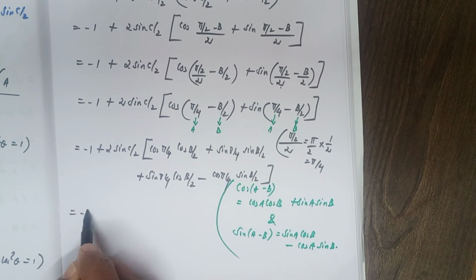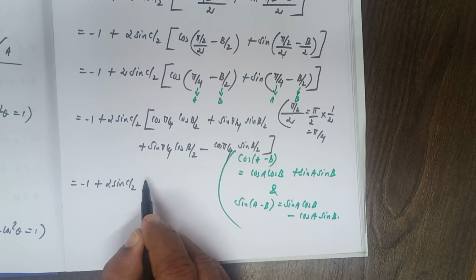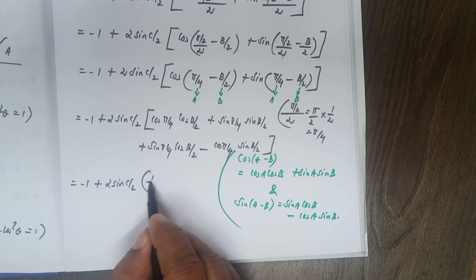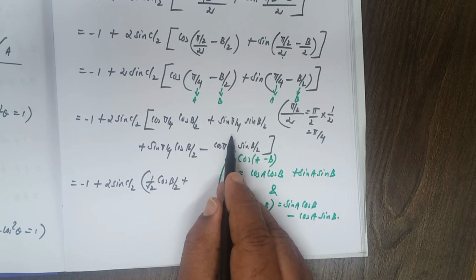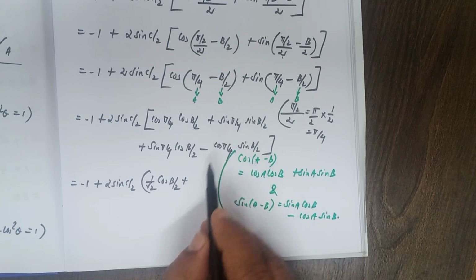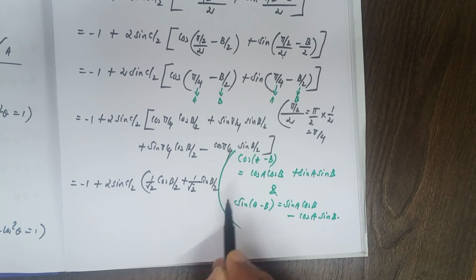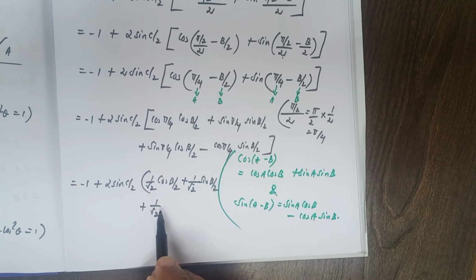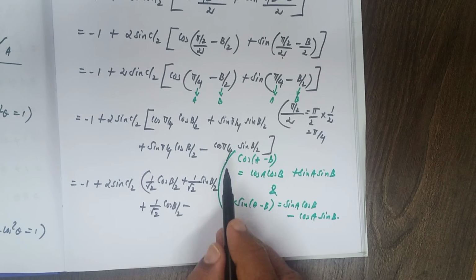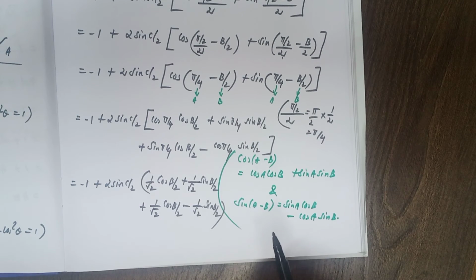That is equal to minus 1 plus 2 sin c by 2 into cos 45 value 1 by root 2 into cos b by 2 plus sin 45, pi by 4 means 45 degrees, sin 45 degrees is also 1 by root 2 into sin b by 2, plus sin 45 value 1 by root 2 into cos b by 2 minus cos 45 value is 1 by root 2 into sin b by 2, close the bracket.